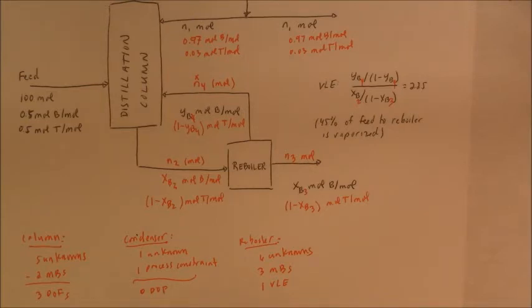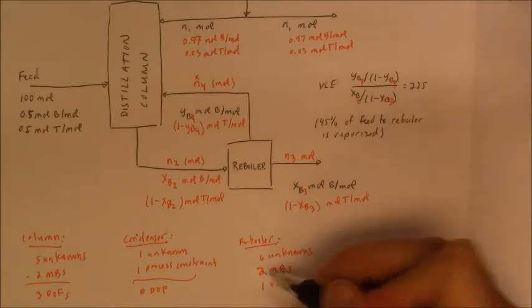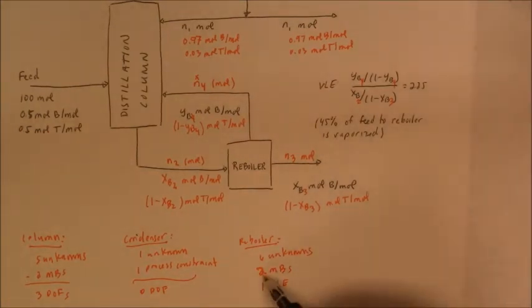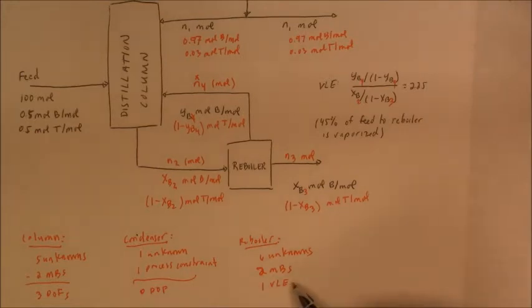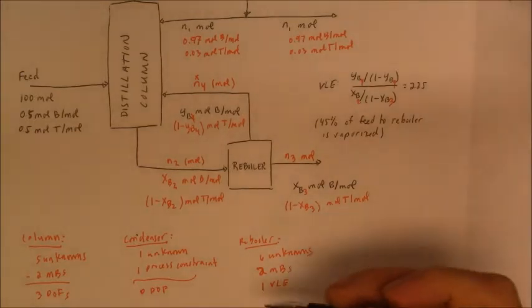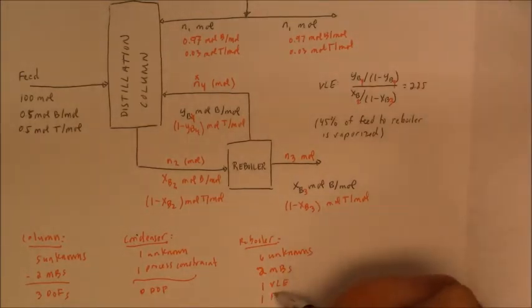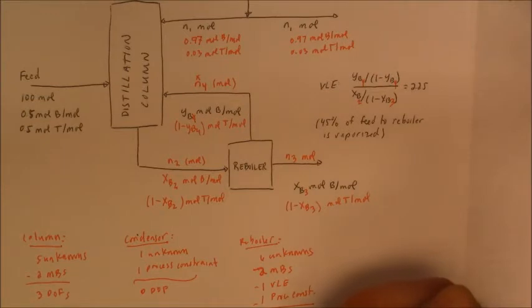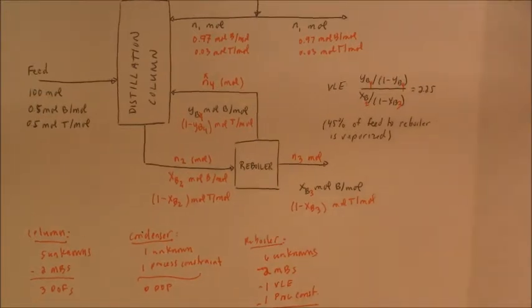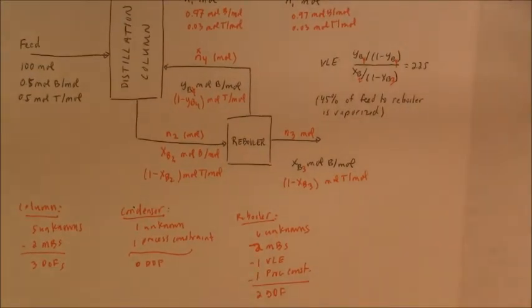Oh, I said 3 balances, didn't I? Actually, we only have 2 balances because we have only benzene and toluene. So I'm going to correct that and say we have 2 material balances, B and T, 1 vapor-liquid equilibrium, and then we have 1 process constraint. So overall, we would have 2 degrees of freedom in the reboiler.